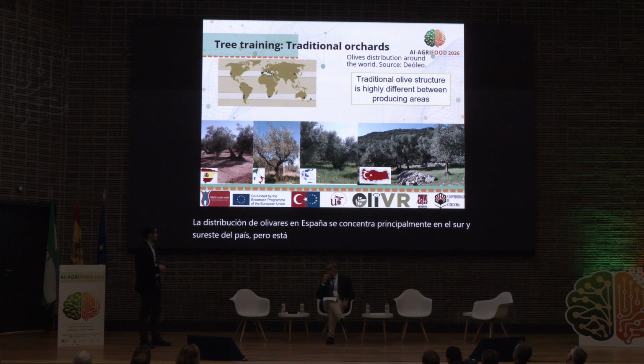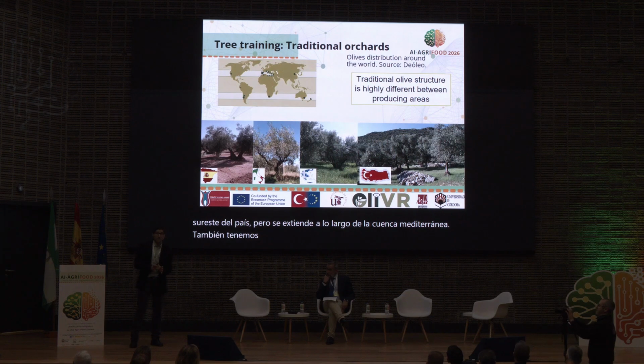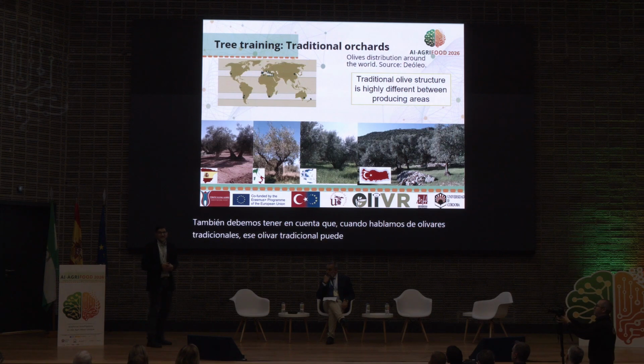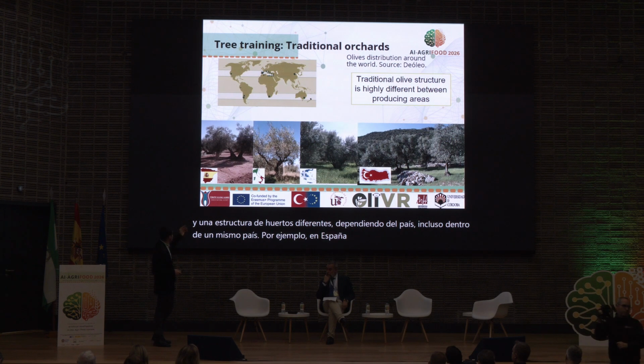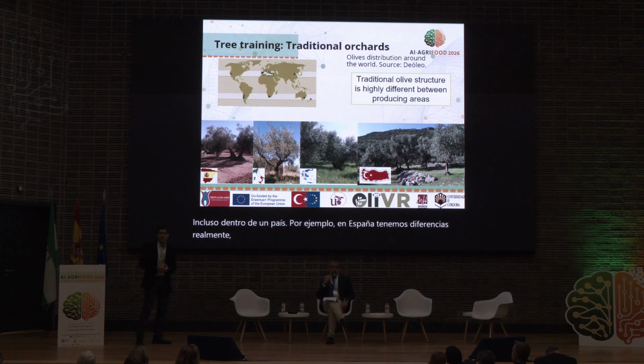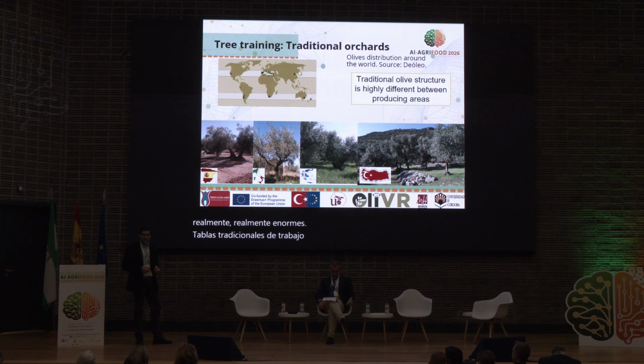We also have to consider that traditional olive orchard can mean really different olive and orchard structure depending on the country. Even within one country, for example in Spain, we have really huge differences between traditional olive orchards for olive oil and traditional olive orchards.